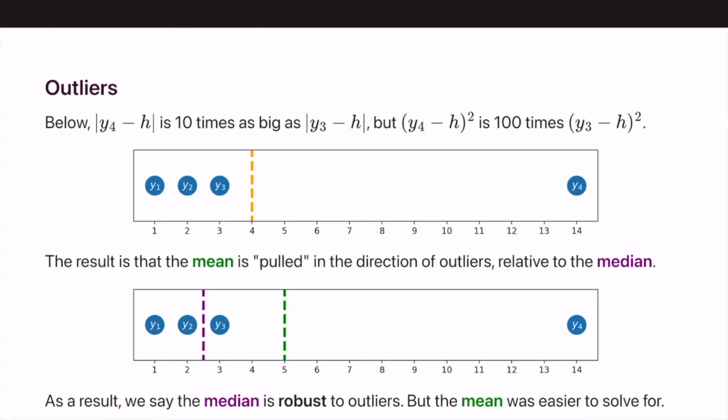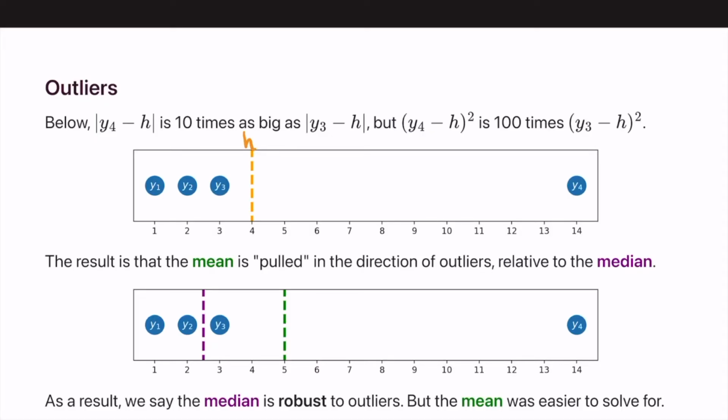So one good way to think about this is to take the data set and put it onto a number line. And let's see, this is yellow, so we'll use our yellow. Let's think about how far away things are from the mean and median. So let's say that we have this value of 4 here, and this 4 is H. It's just a prediction, right?